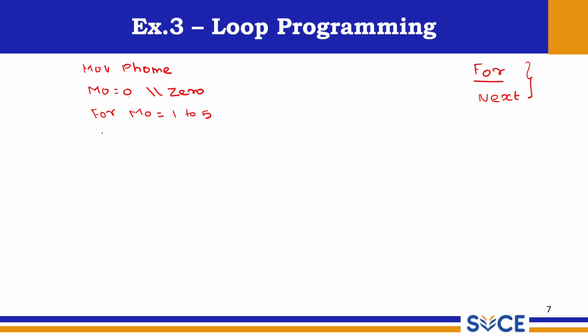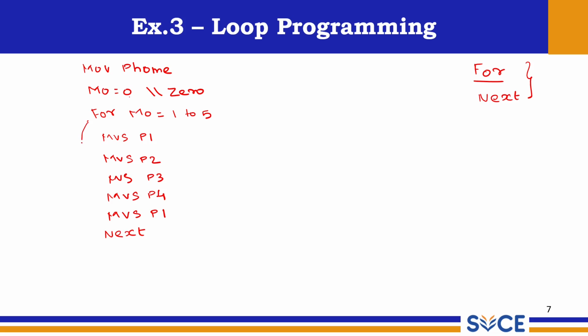You have your main program here. MVS P1, MVS P2, MVS P3, MVS P4. Again close the thing, MVS P1, and here it will be next. So this is the loop.